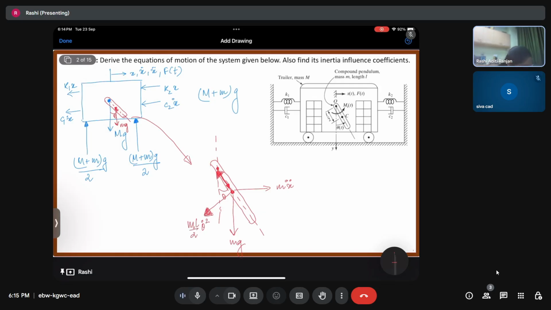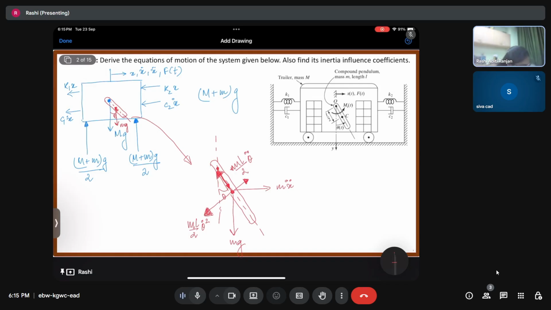And here we have m L by 2 theta double dot, to be precise. This is directed this way because theta double dot is directed towards that direction only.